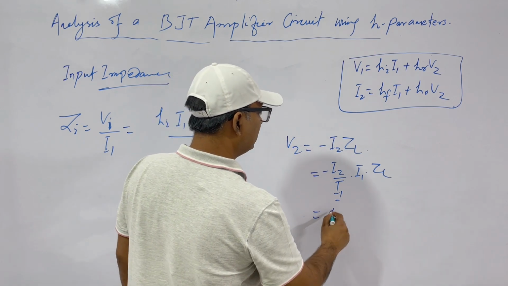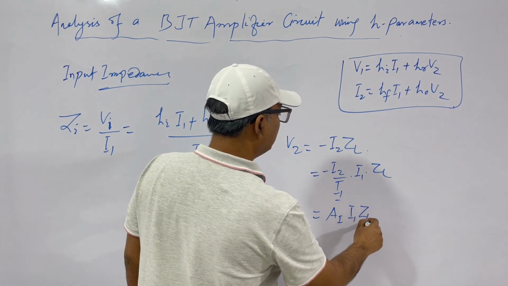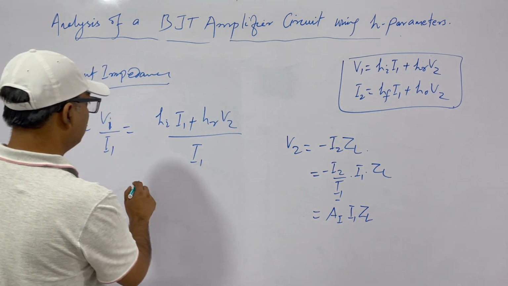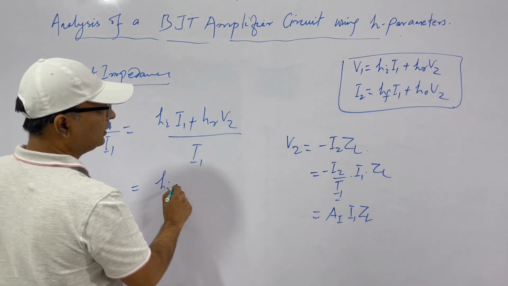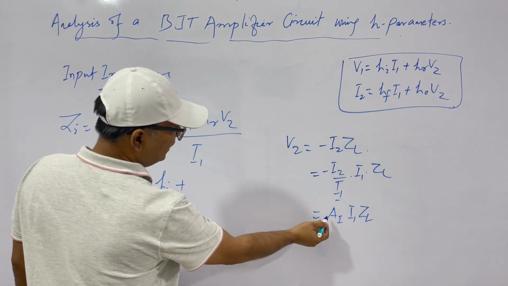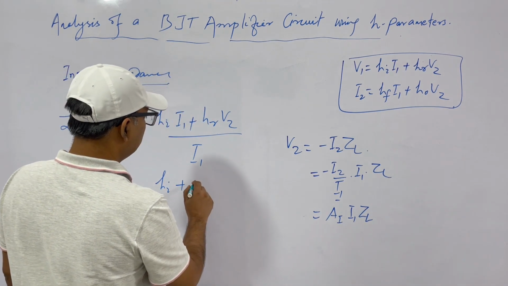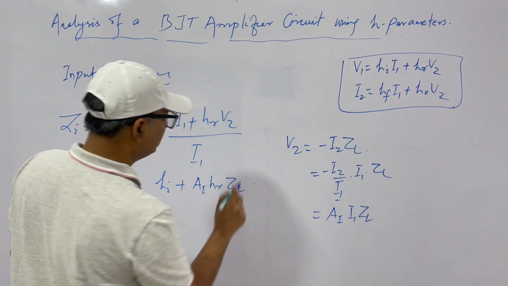This is AI, that is current gain. So this is current gain into I1 into ZL. So now I am writing it here. This is HI, I1 cancels, and then plus HR into AI into ZL.